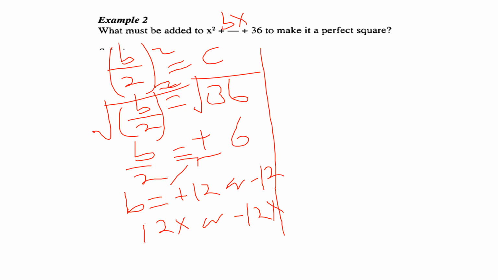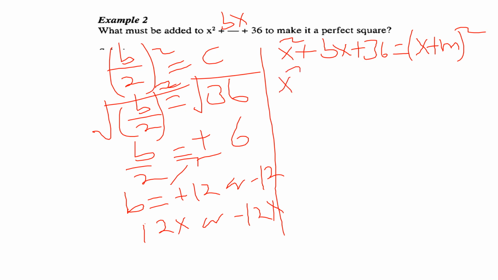Also, alternatively, we can have x squared plus bx plus 36, and this is equivalent to x plus m squared. Remember that is a perfect square, and then we can expand that to get x squared plus bx plus 36.